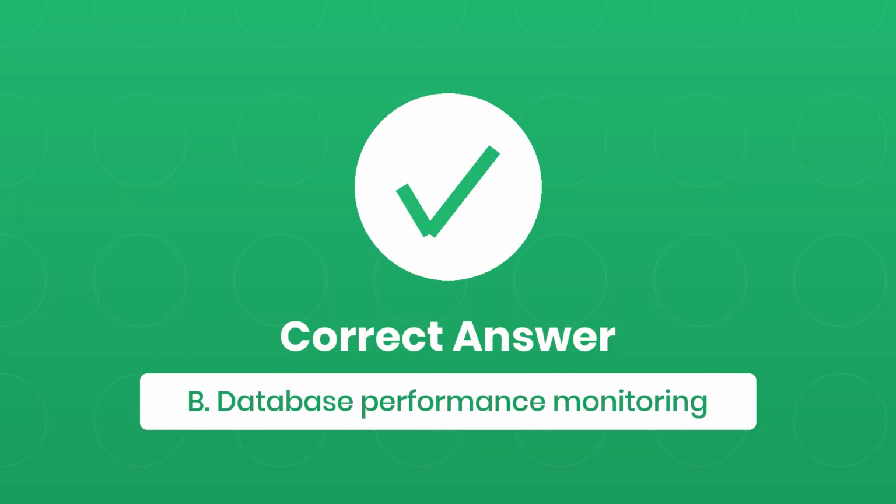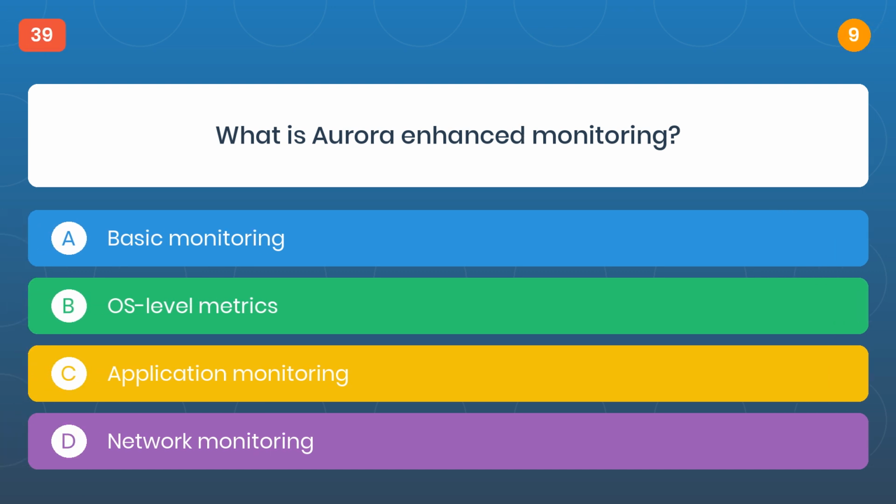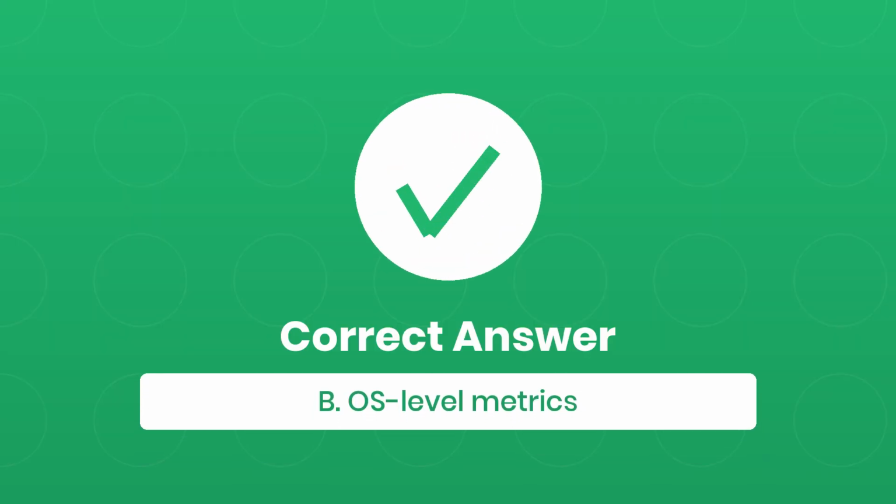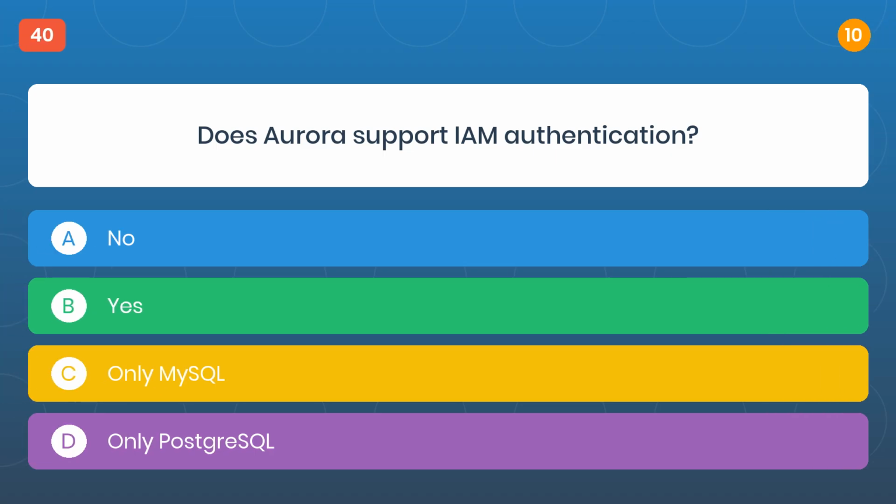The correct answer is B, Database Performance Monitoring. Question 39. What is Aurora Enhanced Monitoring? The correct answer is B, OS Level Metrics.